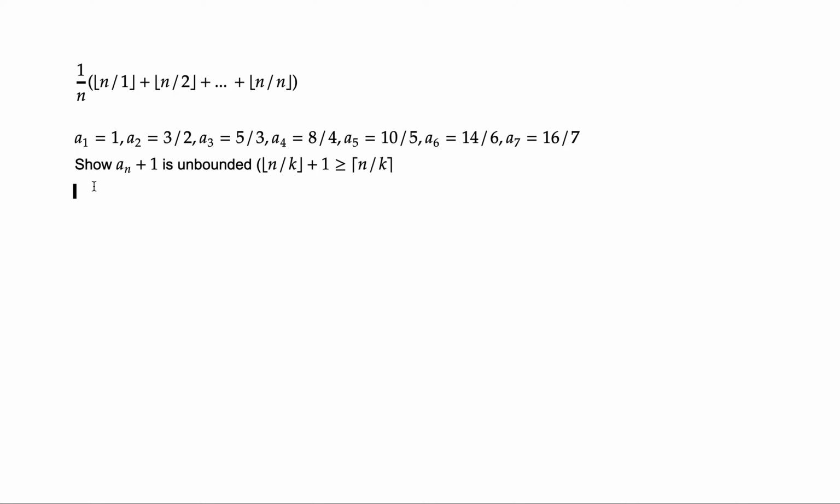So we just need to show 1 plus 1 over 2 plus 1 over 3 plus 1 over 4 plus is unbounded. And that's well known, actually. This is the harmonic series, so that solves part A.